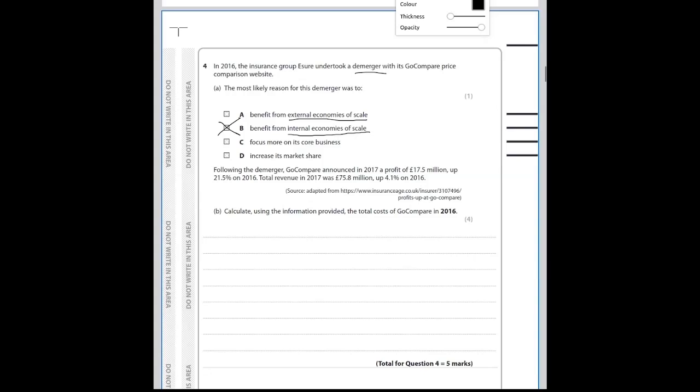There's not really much information about this, so I'm going to assume that this is generally not true, and it's unclear why demerging would necessarily affect your external economies of scale.